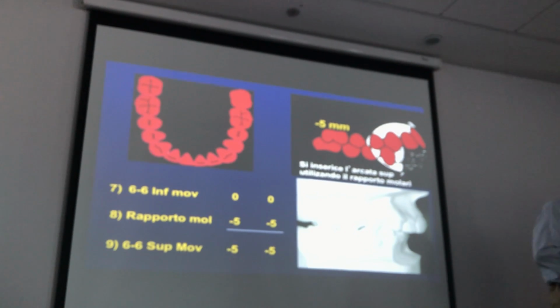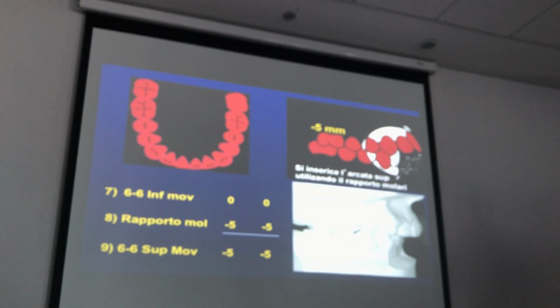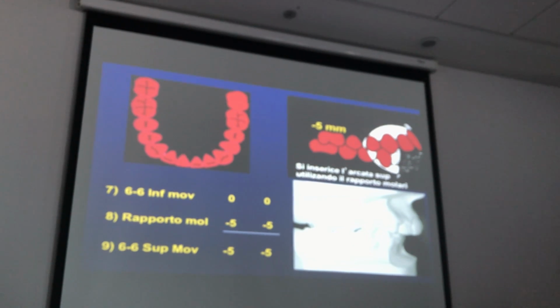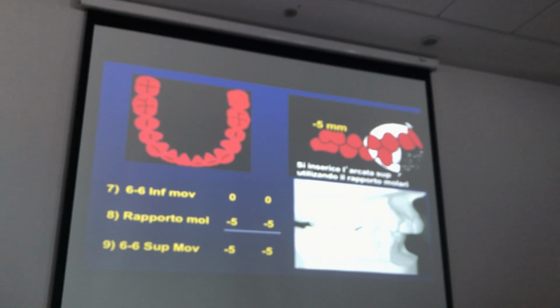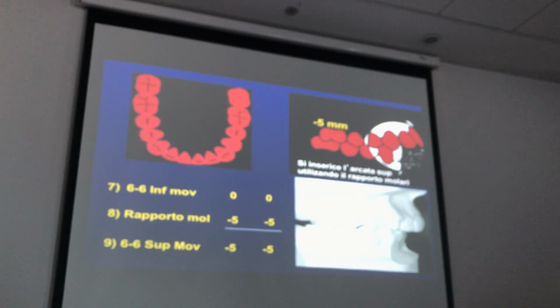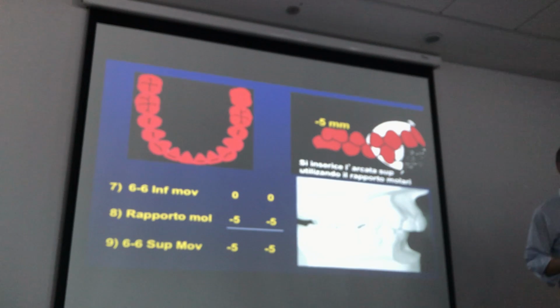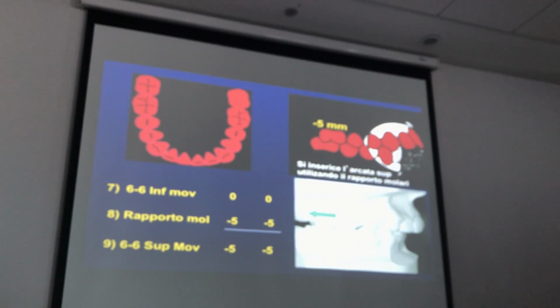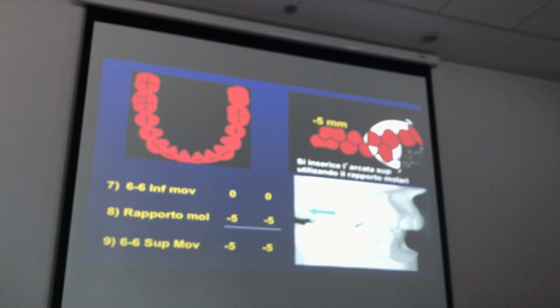Why do we consider only the upper molar? Why, for us, is the upper molar the indication of the upper arch? Because we can visualize.